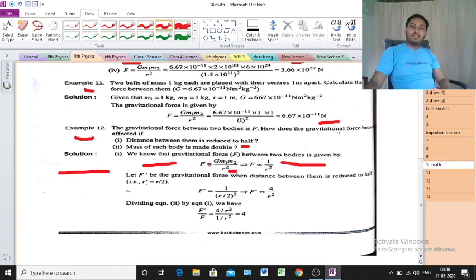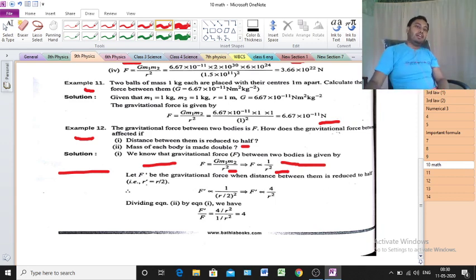So from this equation it is clear that F is proportional to 1 by r square, which means the force of attraction is inversely proportional to the square of the distance between them.